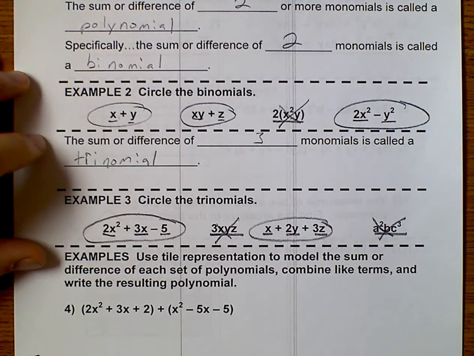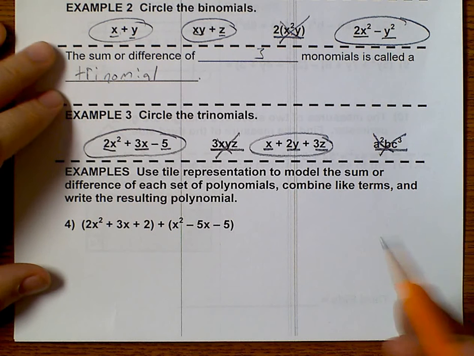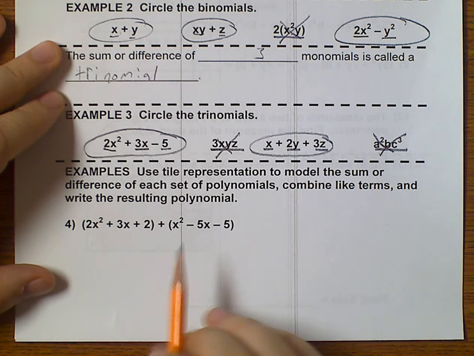Now let's go ahead and talk about adding. And they wanted us to use tile representation, so that's what we're going to do. We're going to do this plus this.